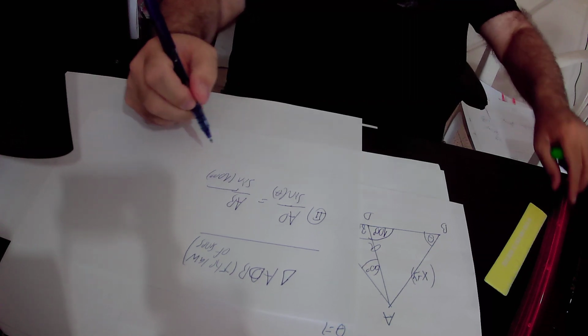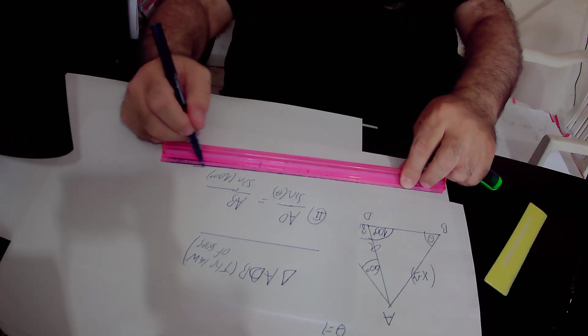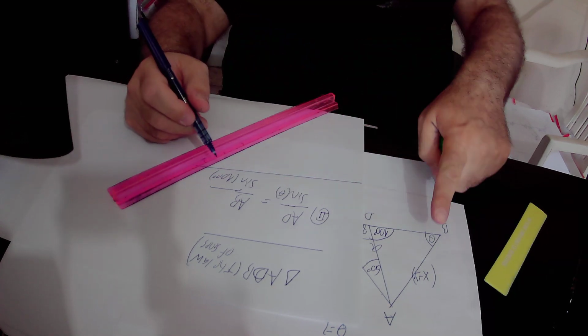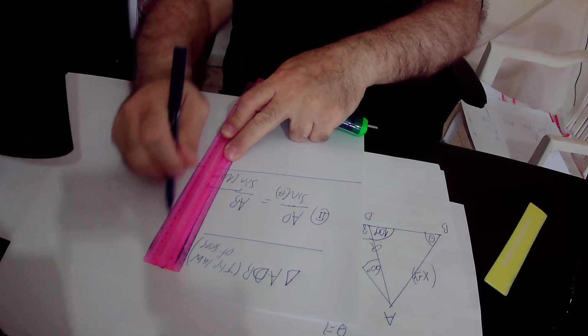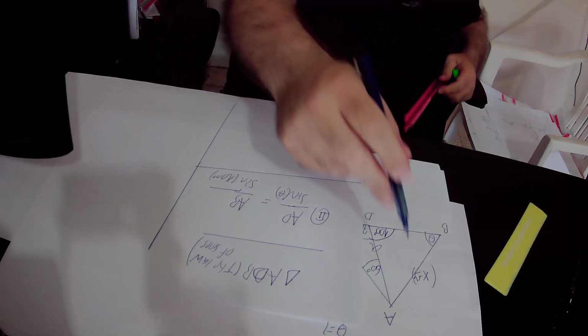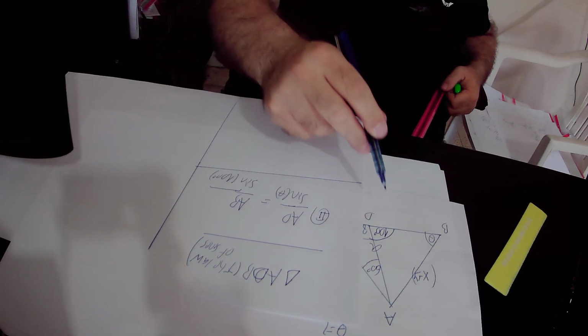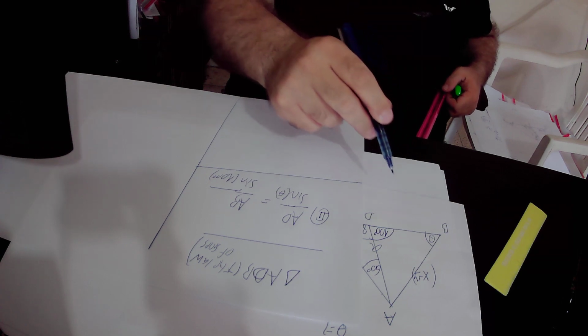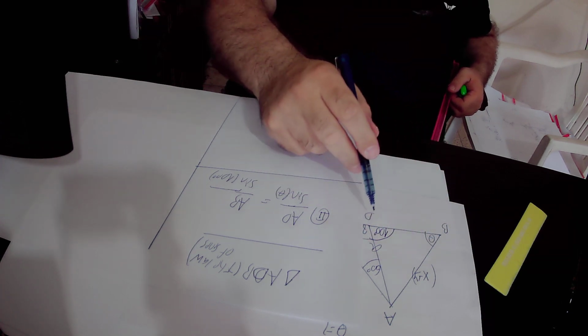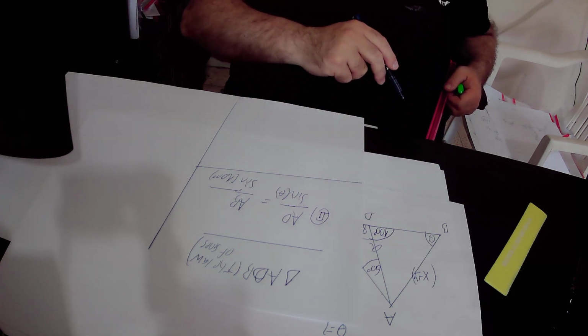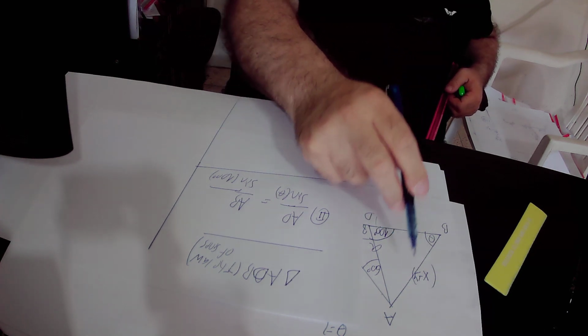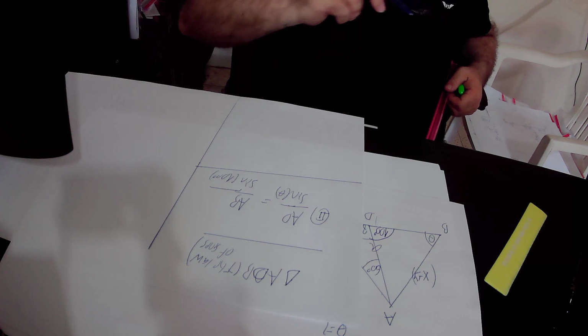I'll repeat again: this is the implementation of the law of sines in triangle ADB. AD over sine theta equals AB over sine 100 degrees.